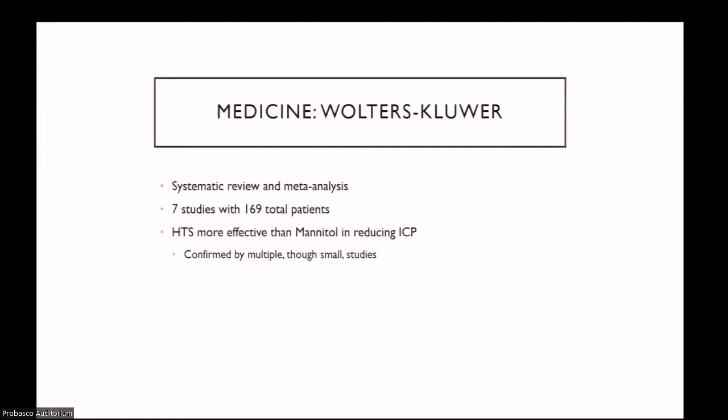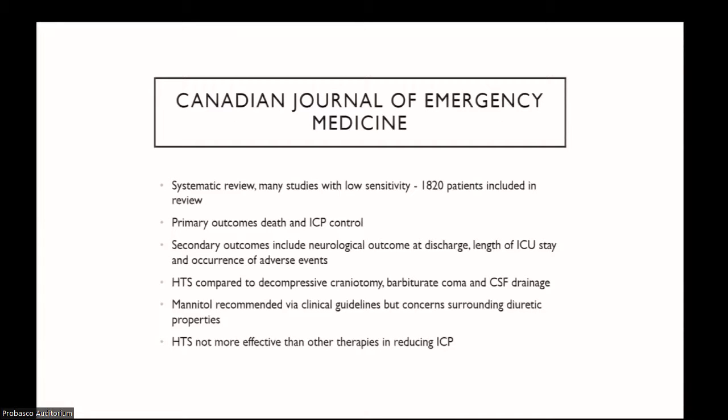And the last study that I'll go over is by the Canadian Journal of Emergency Medicine, and they actually kind of provided an alternative viewpoint, wherein the other studies that I went over seem to altogether recommend using hyperosmolar therapy, and in particular, hypertonic over mannitol.